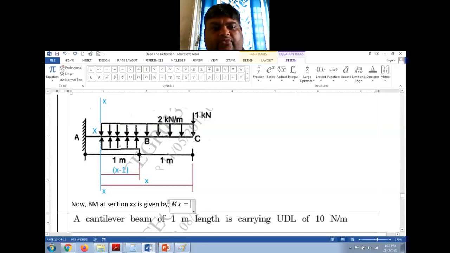So this upward force is making a counterclockwise couple. So right side counterclockwise will be positive, and this is making a clockwise couple. So this couple will be negative, right?